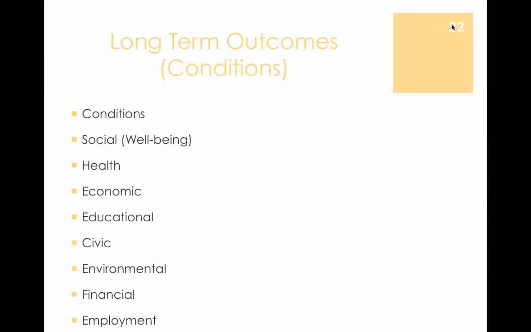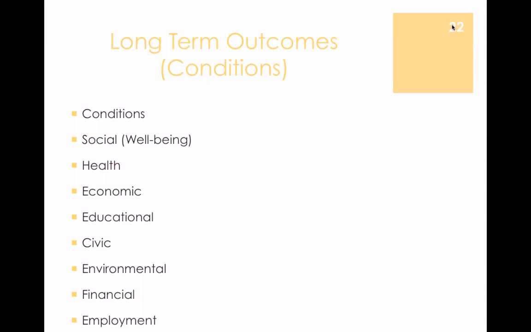With a medium term outcome, now we're looking at a change in your behaviors or your decision making, or if you're an organization, your policies, or if you're a community, the social action that's taking place. And again, as a result of a short term outcome, now there's a change in one of these areas.